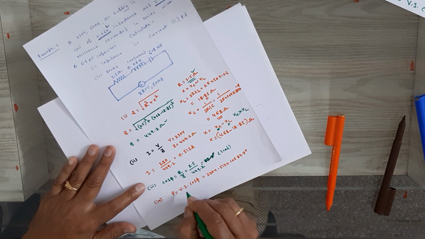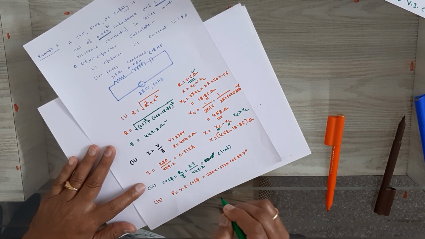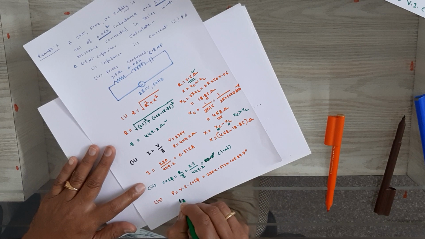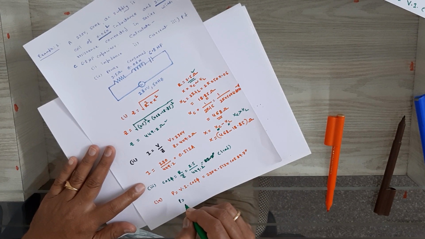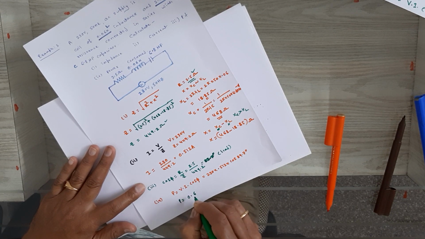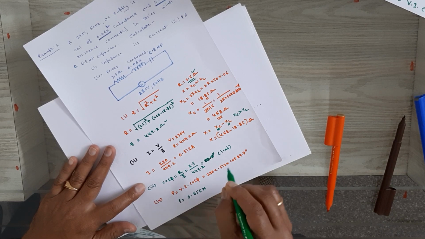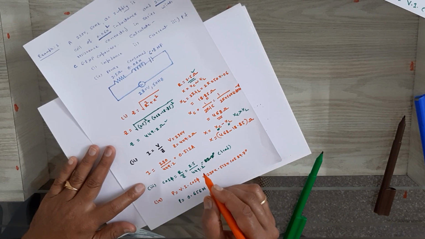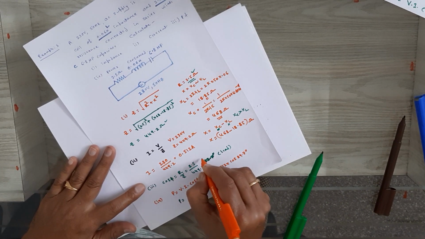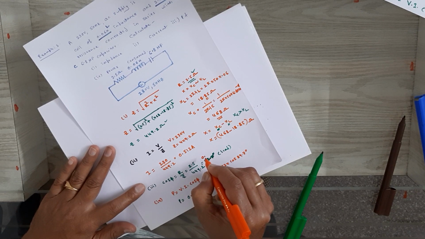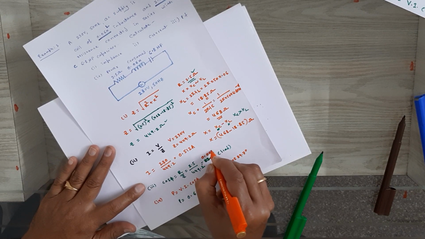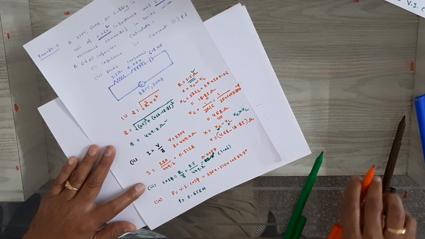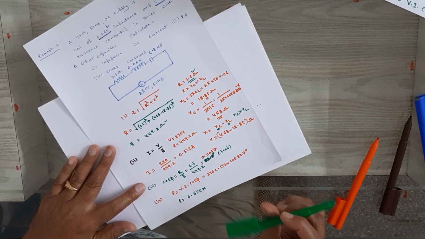Then putting VI cos of 89.7, the value of P, the power consumed, that we are getting is 0.656 watts. The value of the power factor, using the calculator, that you are getting is 0.0057.